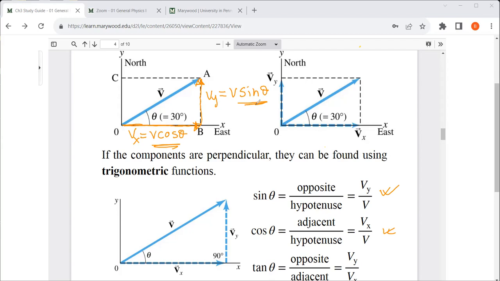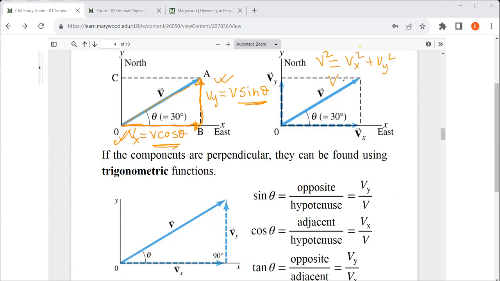Now if we know this component and this component, we can get back to the original vector by using the Pythagorean theorem. How? You see that this is a right triangle, right? The Pythagorean theorem tells us that if you know this length and this length, then v squared equals vx squared plus vy squared.